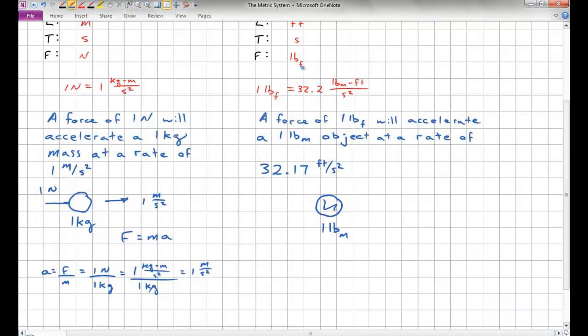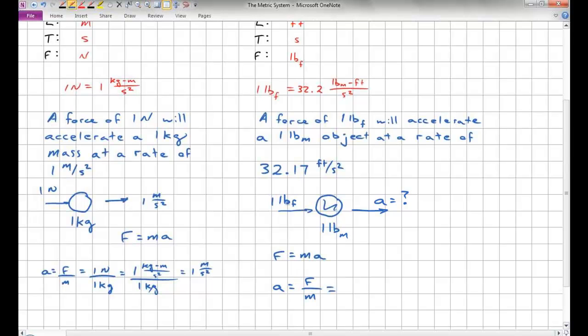Our basic dimension of force is pound force. So onto this object, we're going to apply 1 pound force, and we're going to see what happens. We draw the arrow to the right, and we're going to figure out what A is going to equal. So again, we've got F equals ma, and solving for acceleration, we've got F over m.